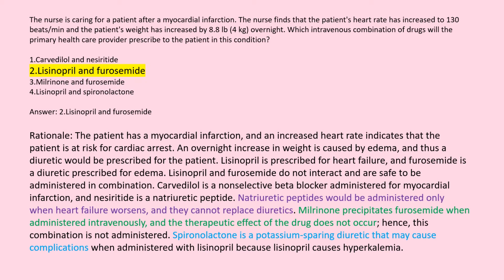Milrinone precipitates furosemide when administered intravenously, and the therapeutic effect of the drug does not occur, hence, this combination is not administered. Spironolactone is a potassium-sparing diuretic that may cause complications when administered with lisinopril because lisinopril causes hyperkalemia.